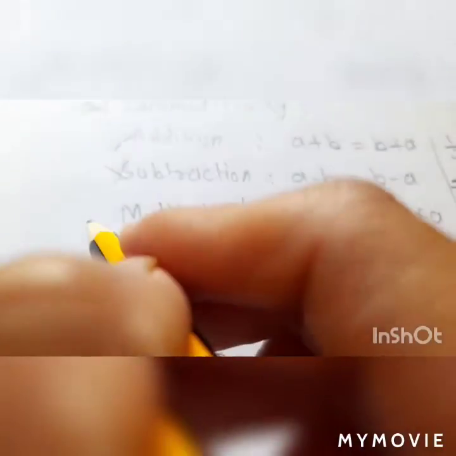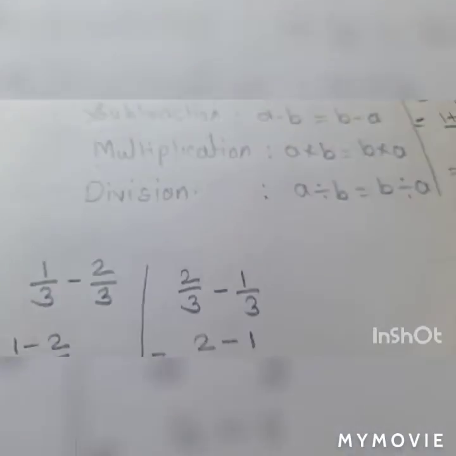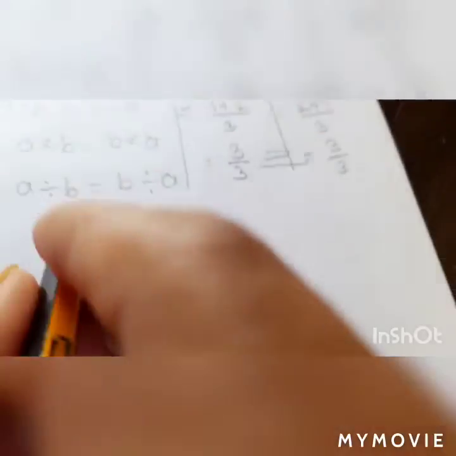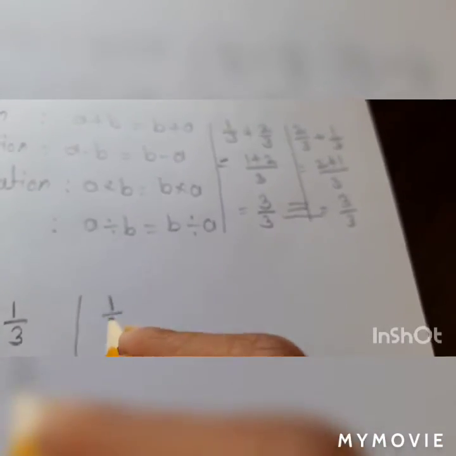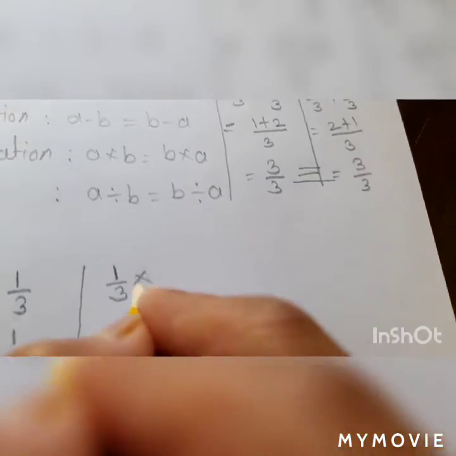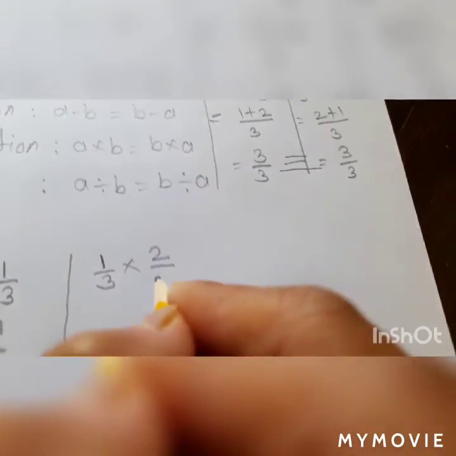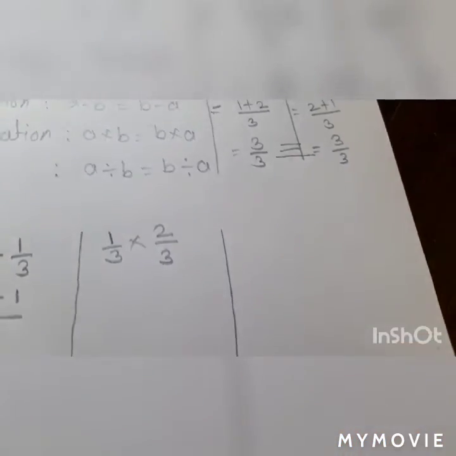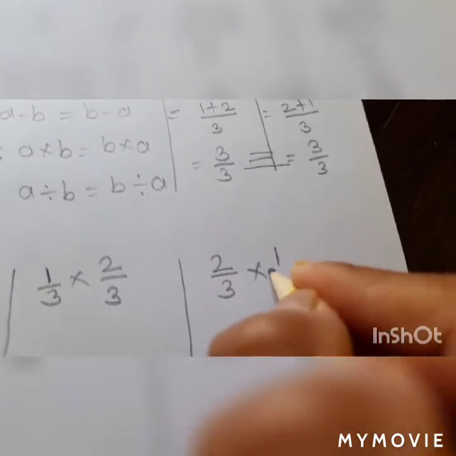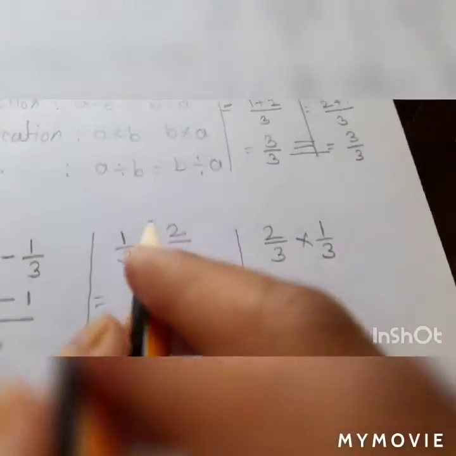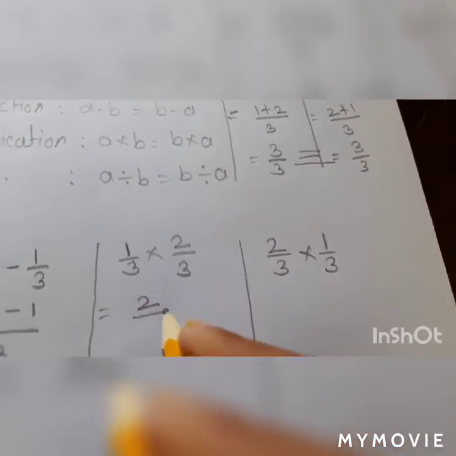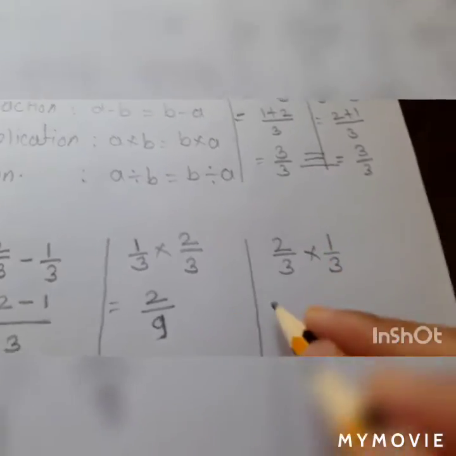Now let us check multiplication. We will take the example 1 upon 3 multiplied by 2 upon 3, and on the other side we will take 2 upon 3 first multiplied by 1 upon 3. 1 into 2 is 2, a simple multiplication, 3 into 3 is 9.